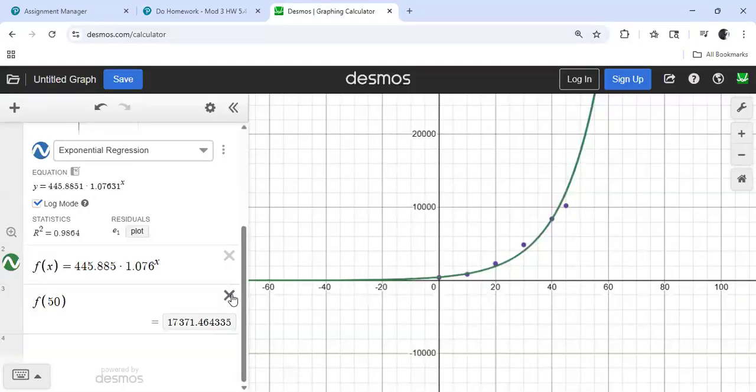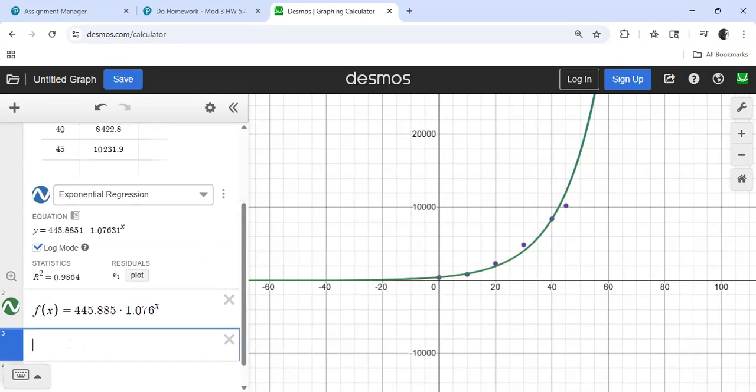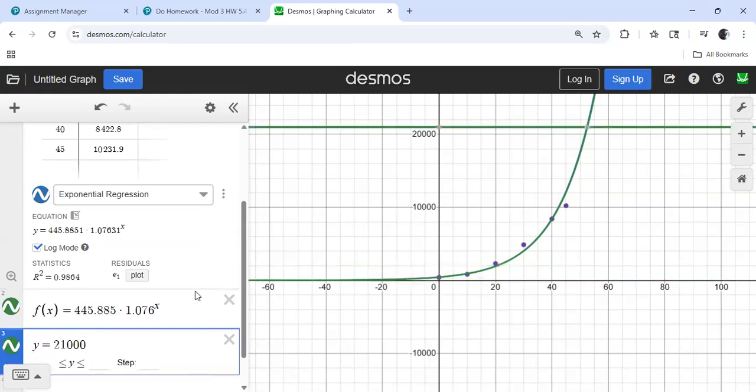All right, so again, let's see here. Easiest thing on this one would be to just type in y equals 21,000. See where that intersects. Okay, so look at that x value, 52.589.